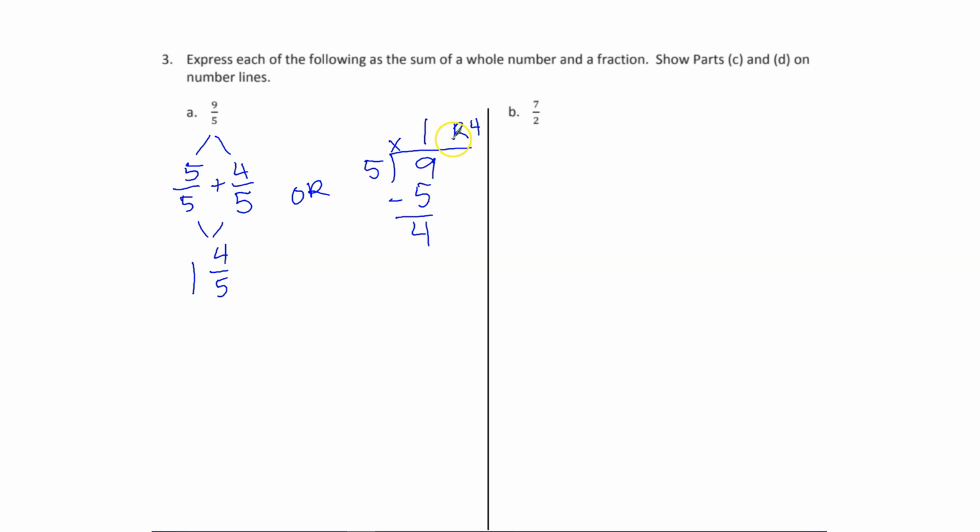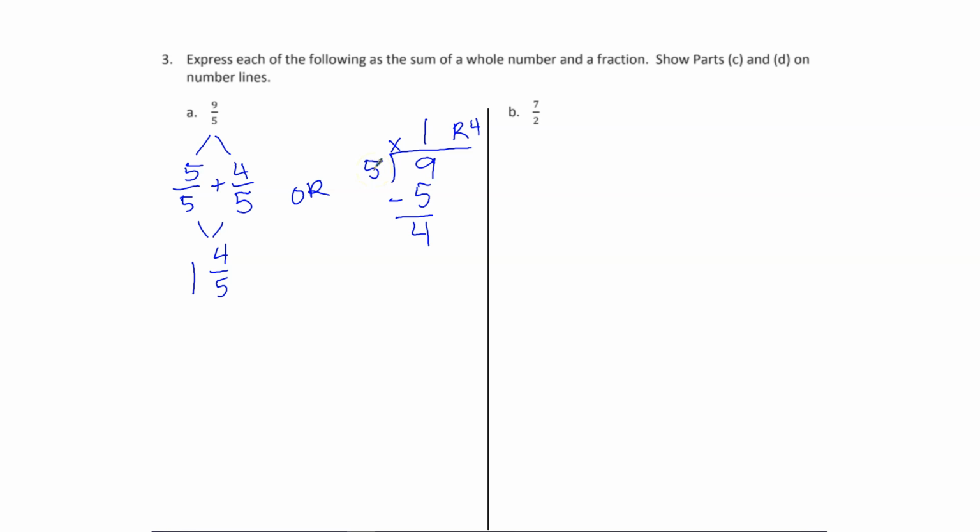Remainder 4. Remainder 4 what? 4/5. All right? You should see how these relate. You have your quotient, you have your remainder, and your divisor. All right? Your whole number, your numerator, and your denominator.